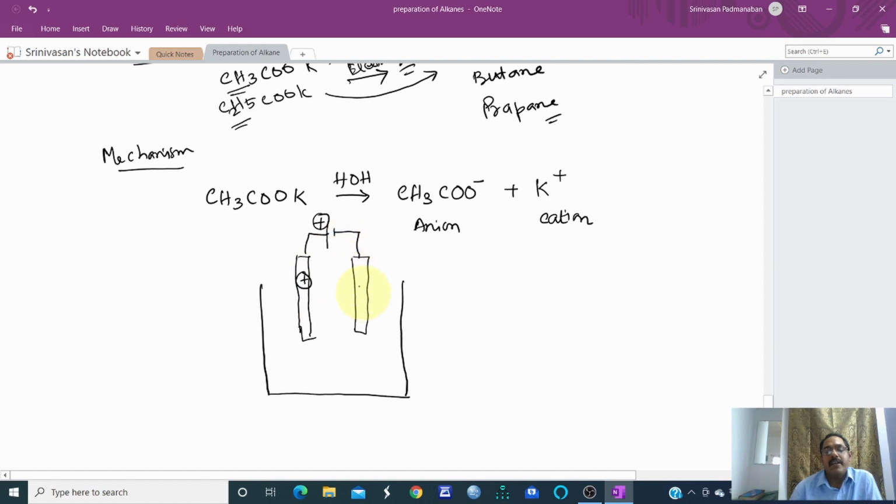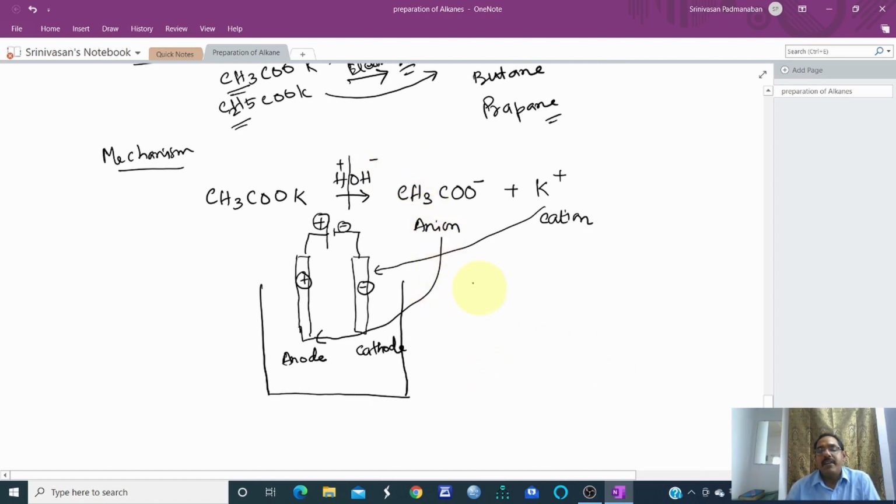The smaller one is negative, and this will be the negative electrode, the one connected to the negative terminal of the battery. So the anion, which is negative, goes to the positive. So the anion moves to the anode. The positive ions, H plus, K plus, go to the negative electrode. So the cation moves to the cathode. Actually here, let us take H plus also, it will be there, H plus and OH minus.